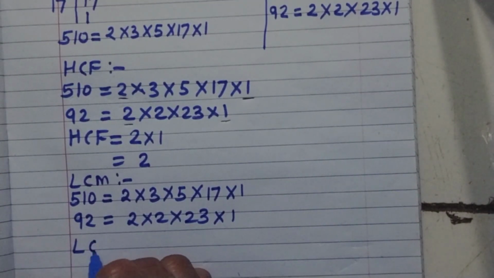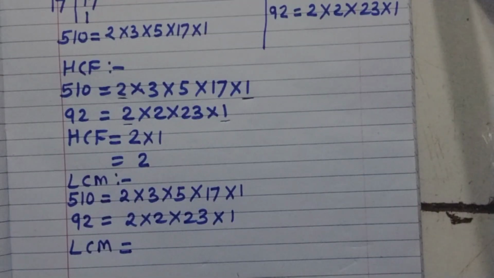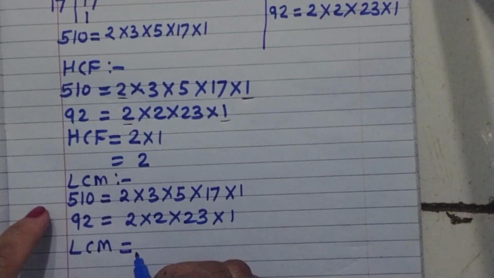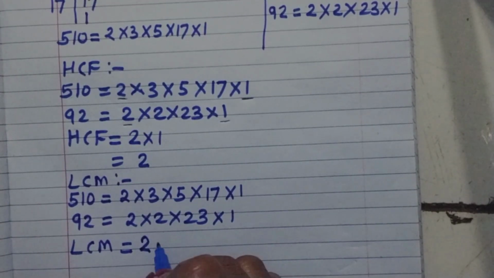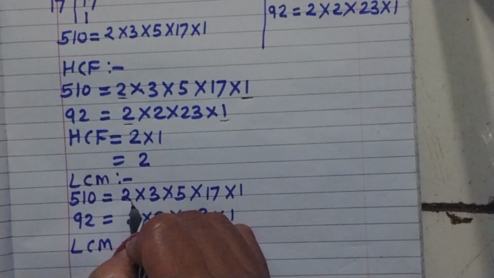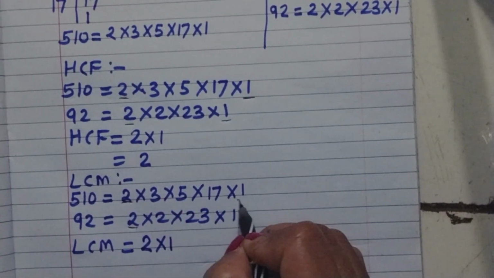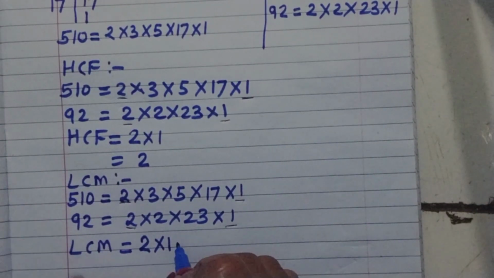So to find LCM, again we find common factors among 510 and 92. So the common factors are 2 multiplied by 1. This 2 is common here, and this 1 is also common. No other numbers are common.